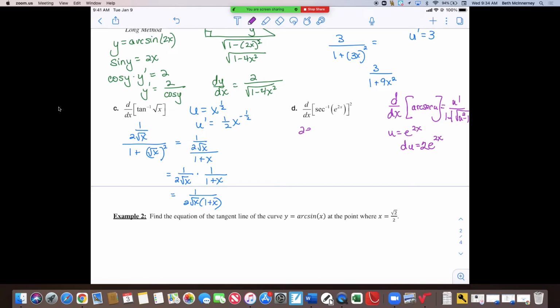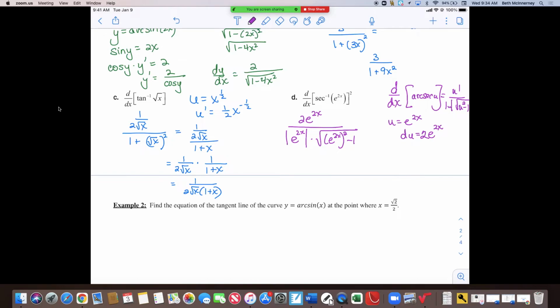So that's 2e to the 2x over absolute value e to the 2x, the square root of e to the 2x squared minus 1, right? We good so far?